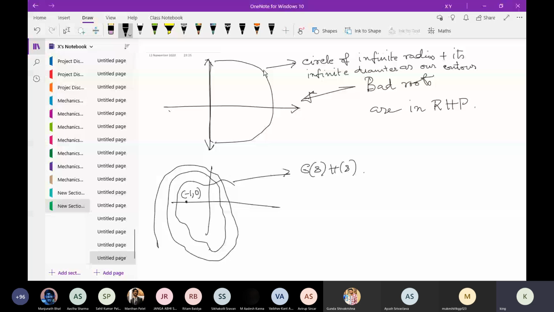And there are further advantages in the fact that over this path, what is my Z? My Z is infinity e to the power i theta. And over this, it is simply some i omega.